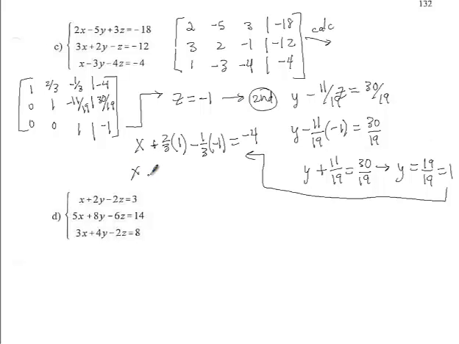Okay, so I have x plus a 2/3 plus a 1/3 equals a -4. Well, a 1/3 and a 2/3 is just 3 over 3, which is a 1. And to solve this for x, I just subtract 1 from both sides, and that will give me an x of -5. So the solution here is -5, 1, and a -1.